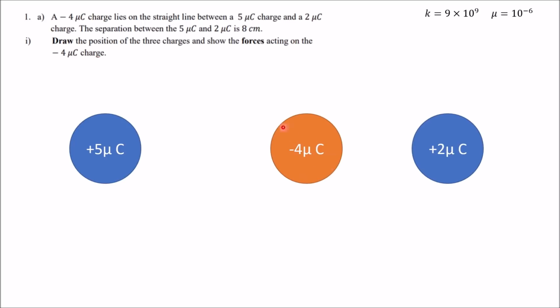So since this one is a negative charge, this one is a positive charge, they are opposite sign, so they will experience an attractive force. So negative 4 charge will be attracted to the left side because of positive 5. And then negative 4 will also be attracted to the right side because of the positive 2 charge over here. So let's draw all the forces.